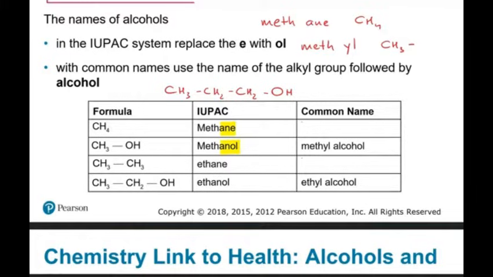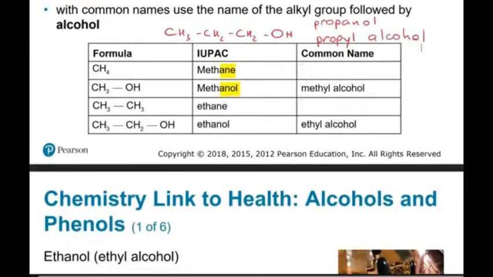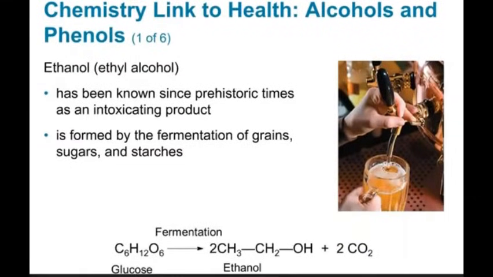So, for 3 carbons, the name of the hydrocarbon is propane, right? So we replace E with OL, so propanol, or we can call it propyl alcohol. The whole idea? Make sense? Okay.